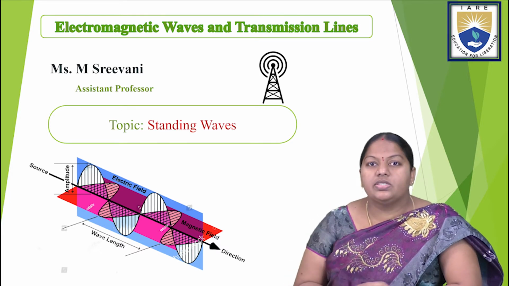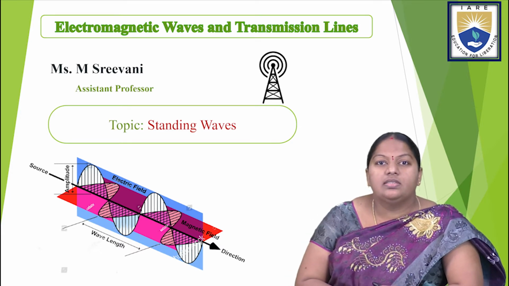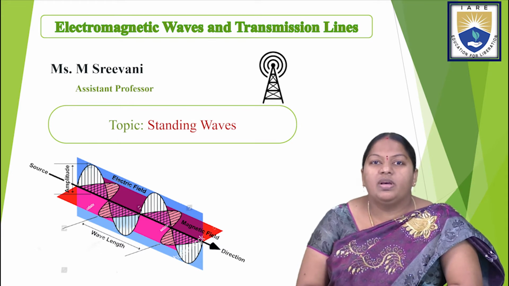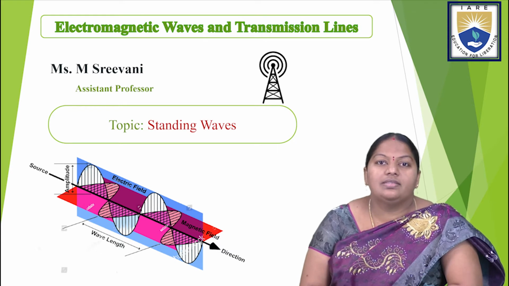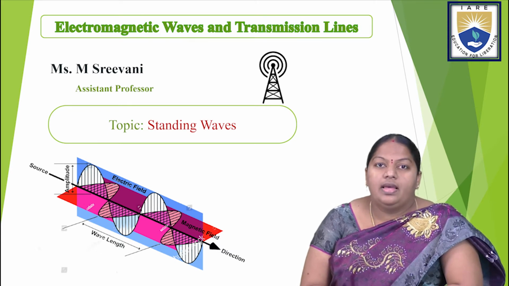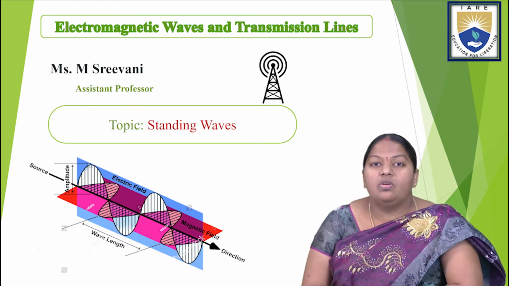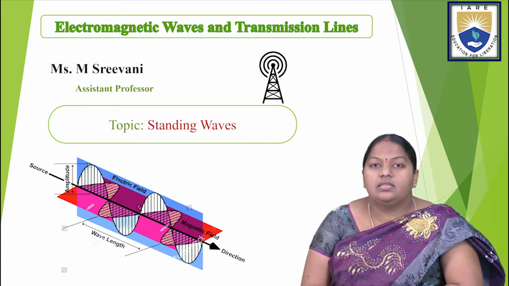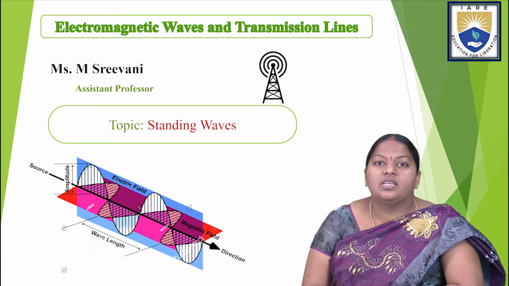So, in today's lecture, we are going to learn about standing waves. From this, we are going to get one of the mathematical equations for standing waves. That term is called the standing wave ratio, which is of two types: voltage standing wave ratio, simply called VSWR, followed by current standing wave ratio, CSWR.